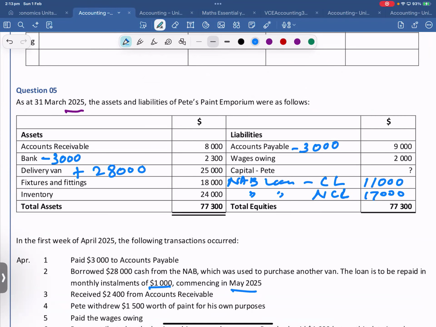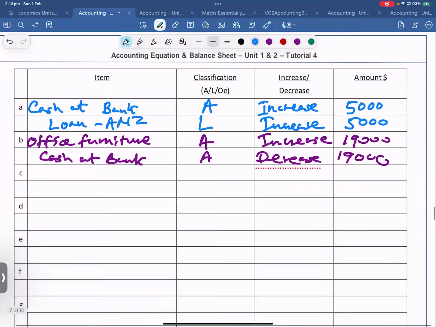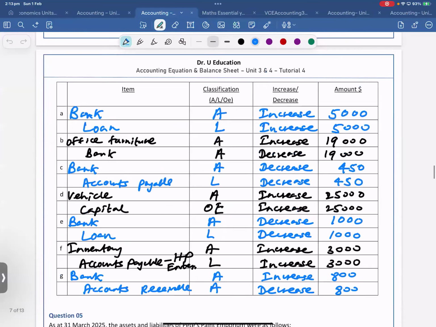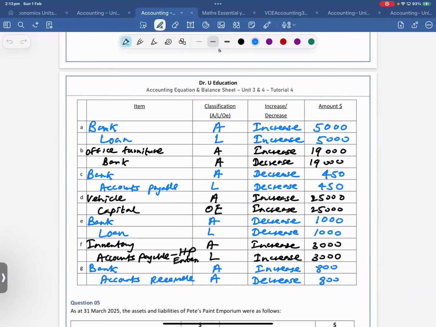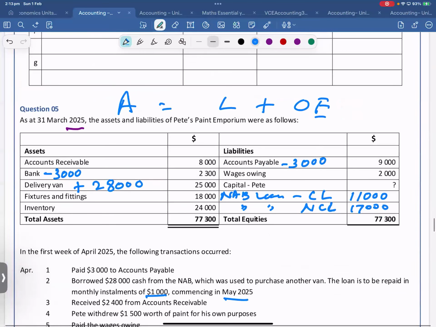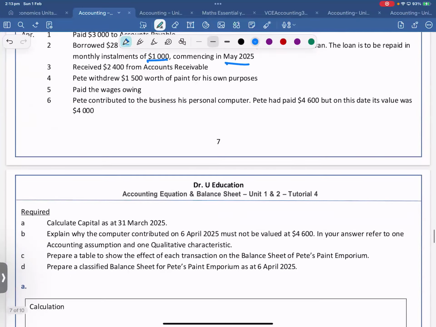At the end of each and every transaction, make sure the accounting equation balances. Did it happen before in the previous question? Yes. Every time make sure assets equal liabilities plus owner's equity. Same thing here. Okay, right.